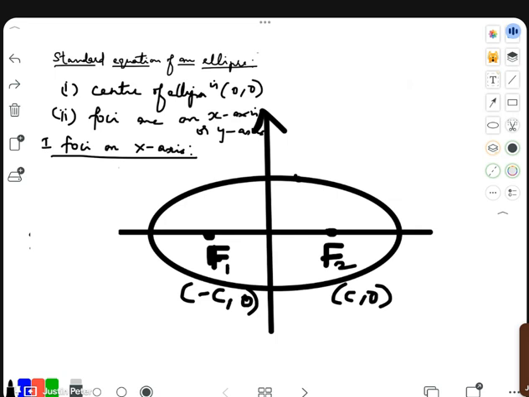Now let's choose a point P, X comma Y, and join PF1 and PF2.